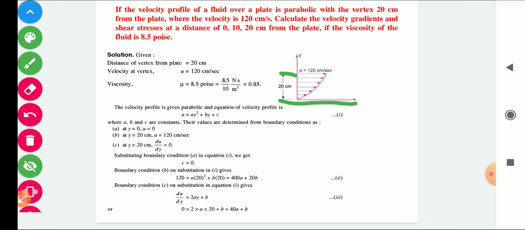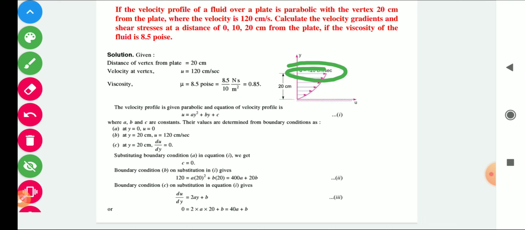Similarly, at y equal to 20, at the uppermost layer, the velocity is given as 120 centimeter per second. So this 120 centimeter per second is the maximum velocity.